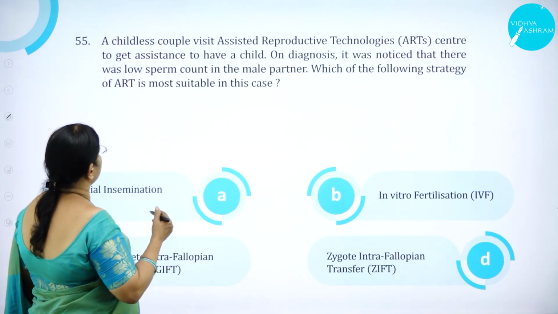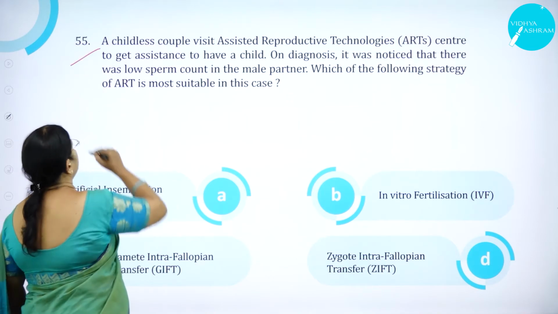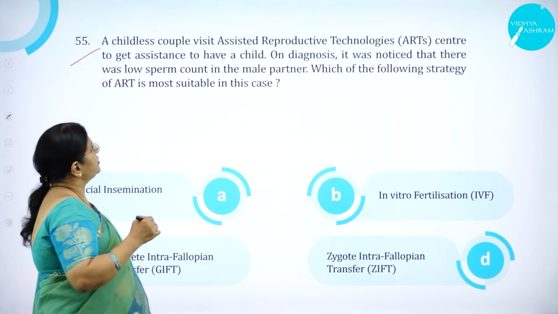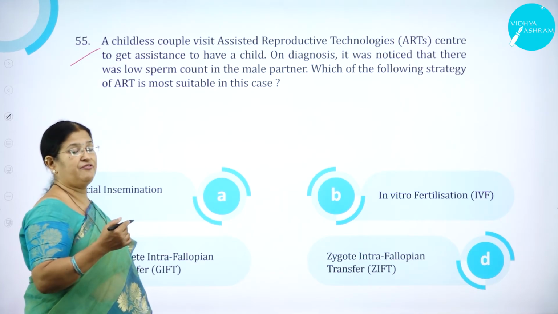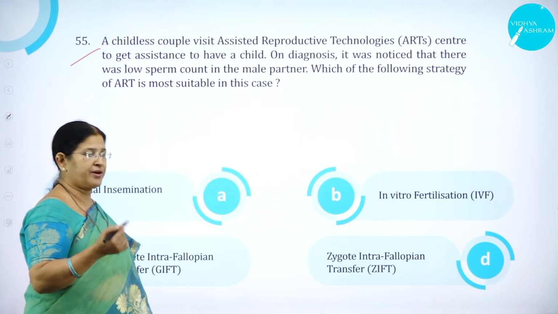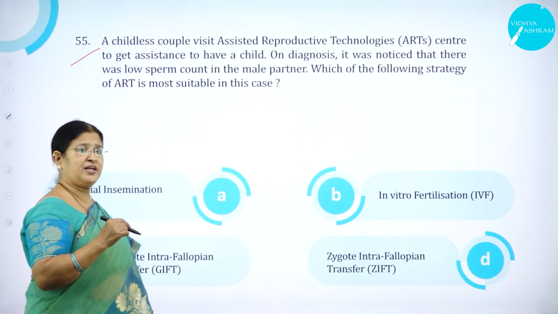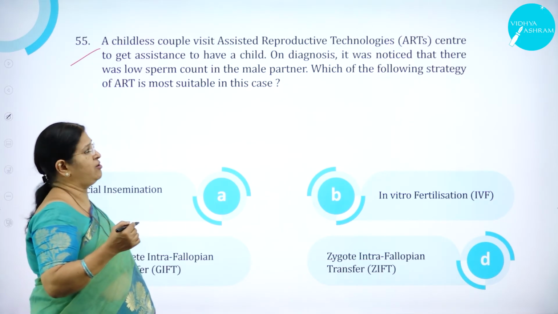A childless couple visit assisted reproductive technology. Question number 55. A childless couple visit, as I said, many females and many couples are infertile. What do you mean by infertility? Inability to bear children. So for them, definitely there is a solution, that is ARTs, assisted reproductive technologies.